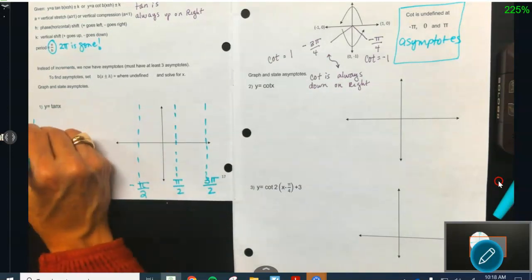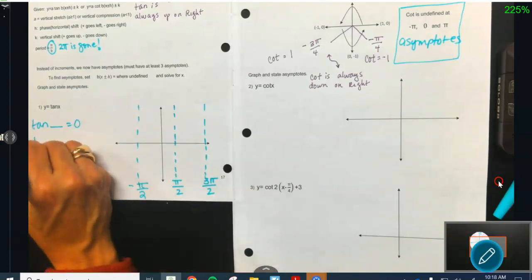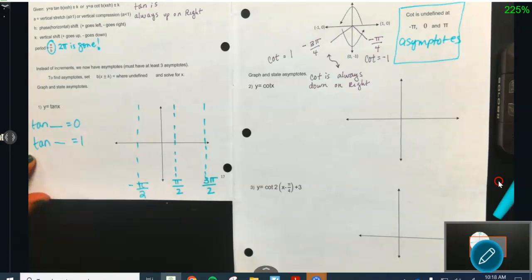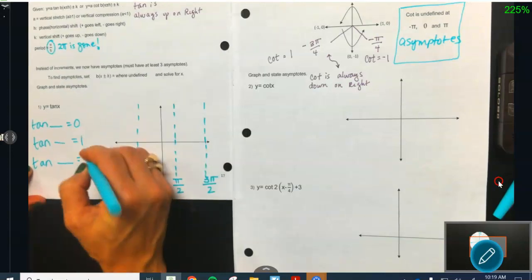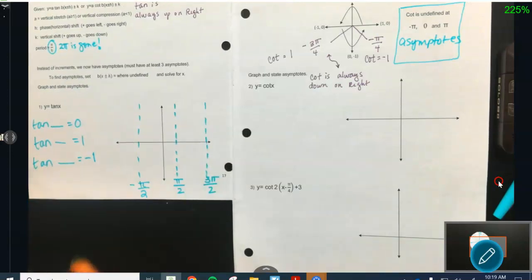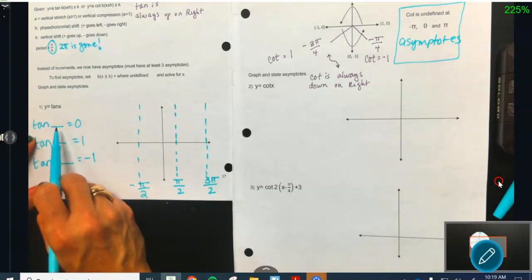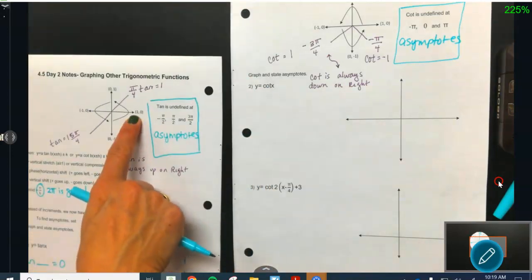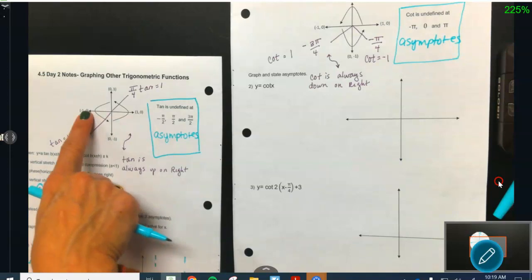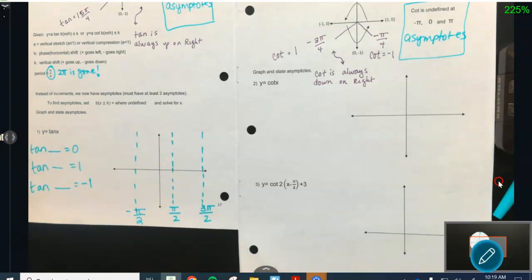Now remember, we know we had tangent of 0 somewhere. We talked about tangent having a positive 1 somewhere. We also talked about where tangent had a negative 1 somewhere. Where does tangent equal 0 again? Left and right, which is, it's off my screen, which is 0 pi, 2 pi, and regular pi. So all the whole numbers, it equals 0.